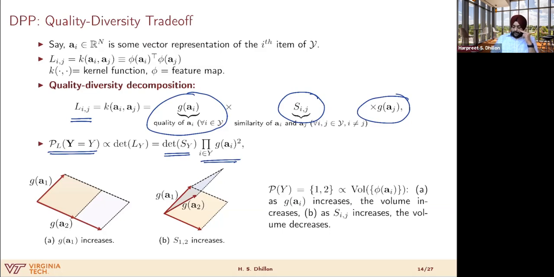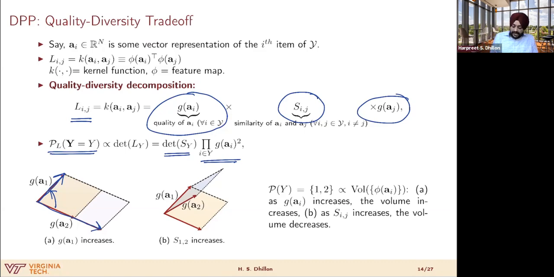Although not very important, it also has a graphical representation where you can think of this probability as the area of the following parallelogram, where the side is given by this quality term. So the bigger this vector, the better the quality. In this case we're considering only two items, and the angle between these vectors is essentially your similarity score.